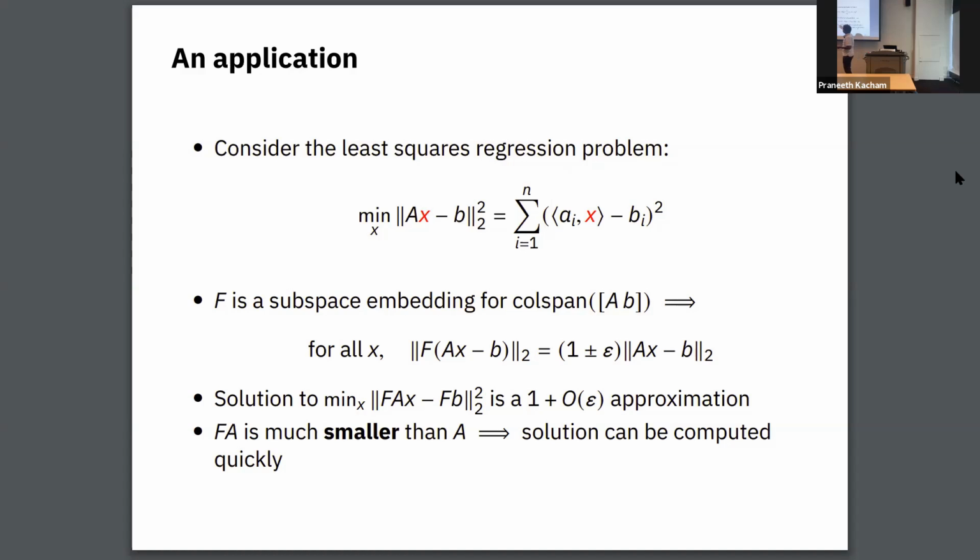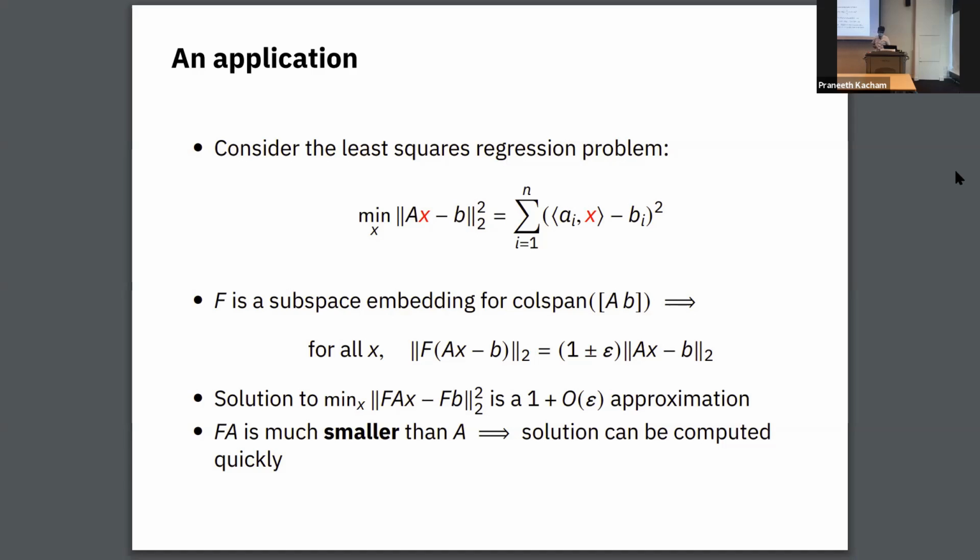Then for all vectors x, we will have this guarantee: F times (Ax minus b) will be within 1 plus or minus epsilon of the Euclidean norm of Ax minus b, for any x. Now, if I solve the least squares regression problem just on the matrix FA and vector Fb and get a solution x, that would be a 1 plus epsilon approximation for my original problem. But now FA is much smaller than the original matrix A that I started with, so I can hopefully solve it much faster now.